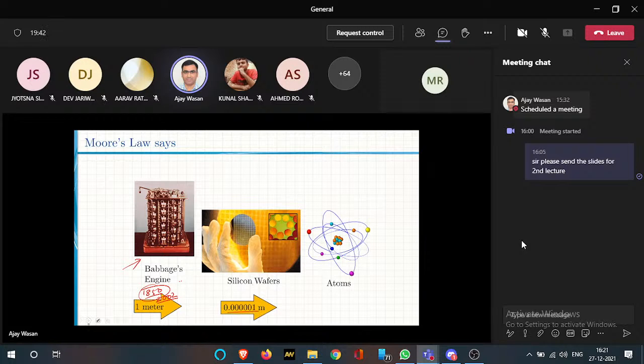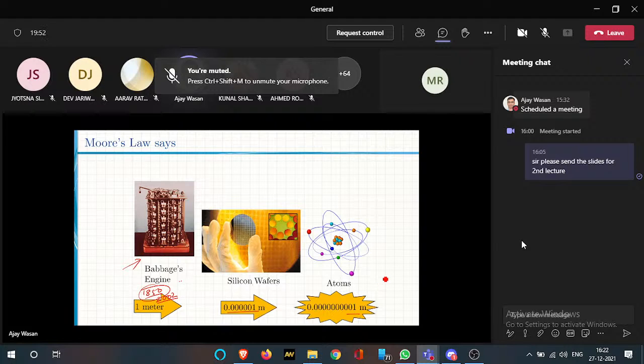So micron size. We are reaching the atom, the nanometer size. Basically the size of the ICs, integrated circuits, is reducing.